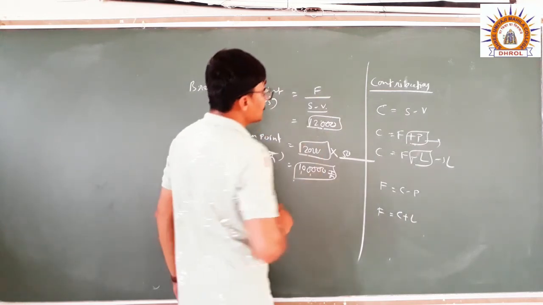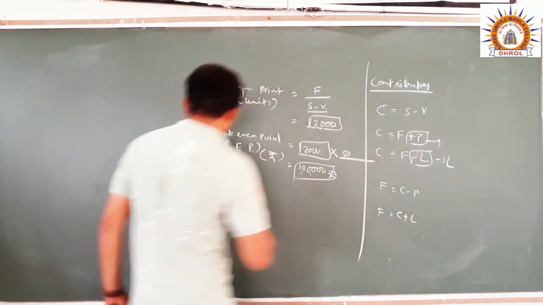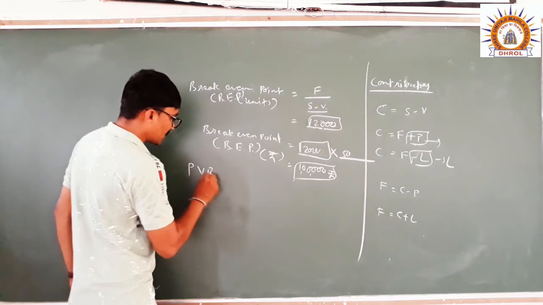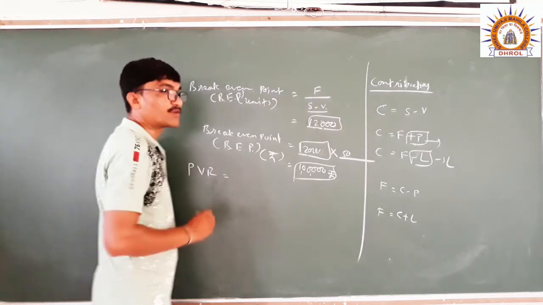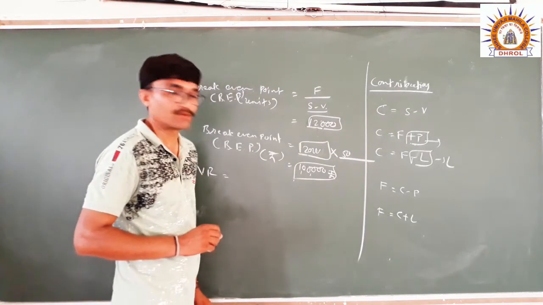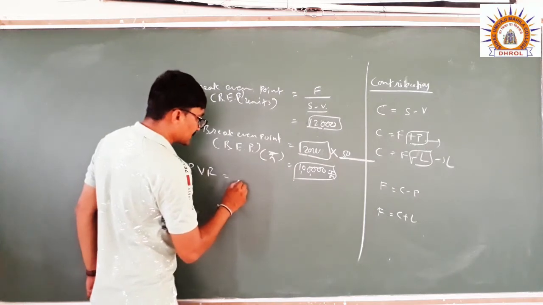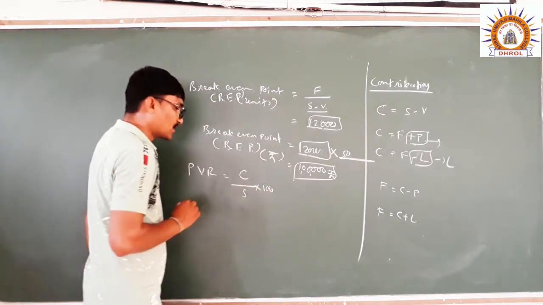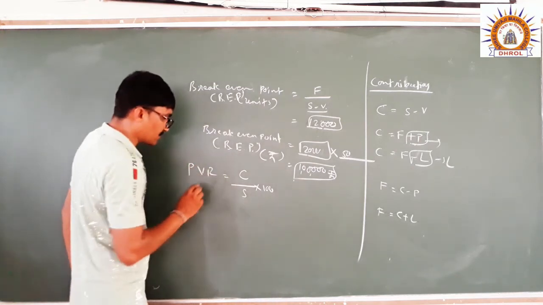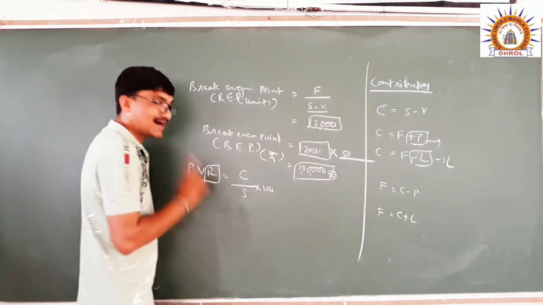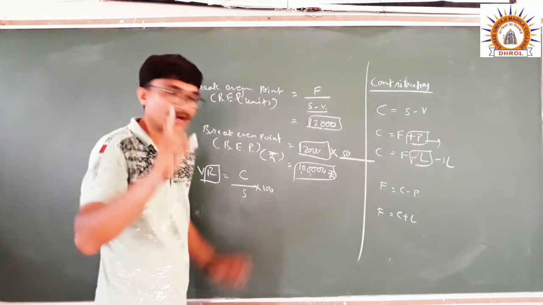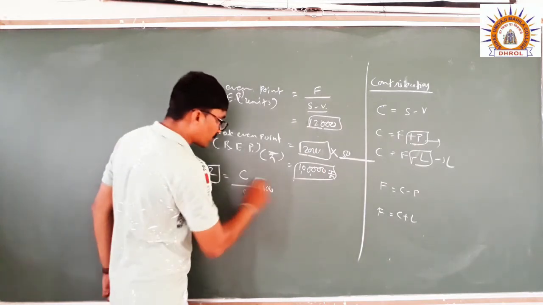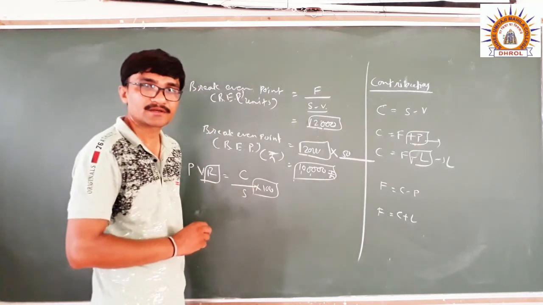The third terminology is PVR. What does it mean? Profit volume ratio. Profit volume ratio is C upon S multiplied by 100. One thing you should keep in mind, very carefully: R stands for ratio, and ratio is always in terms of 100.